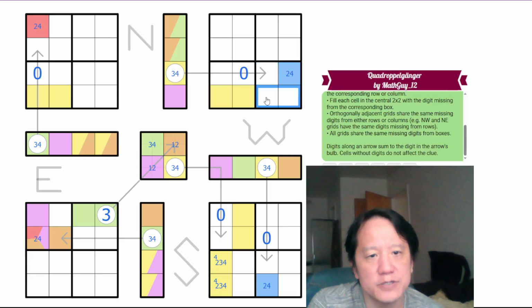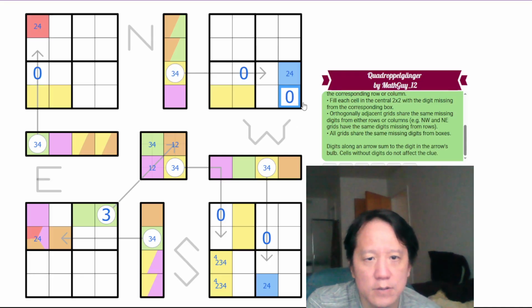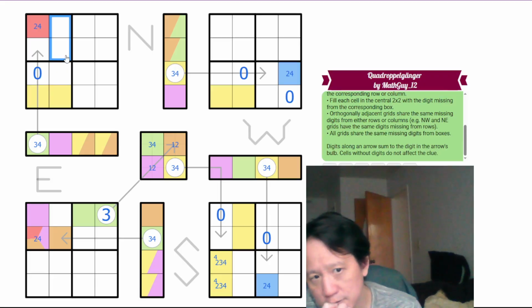It cannot be missing yellow and yellow, which would be in the right-hand corner. So it has to be 0 here. We have a 0 in one of these. It's missing orange. 0 must be missing here. So it's missing pink and green, and therefore orange.